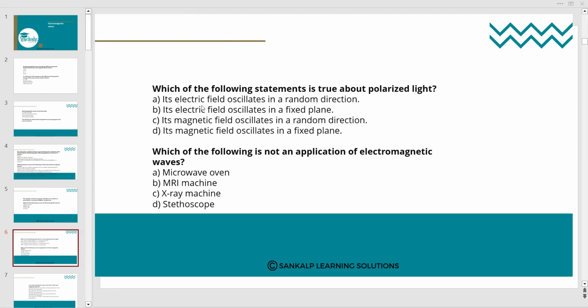So that is option A. Its electric field oscillates in a random direction. That is true for the polarized light here.